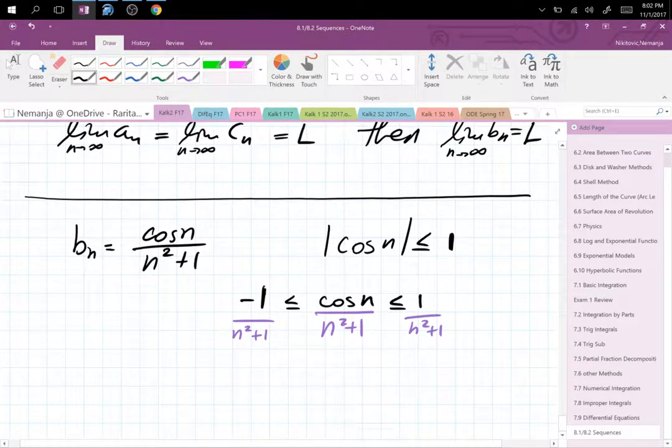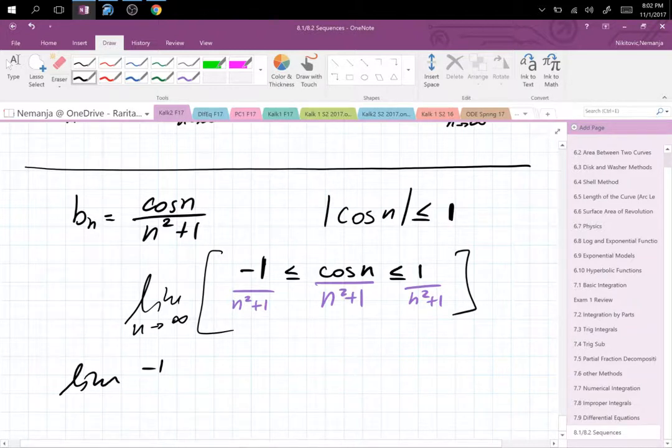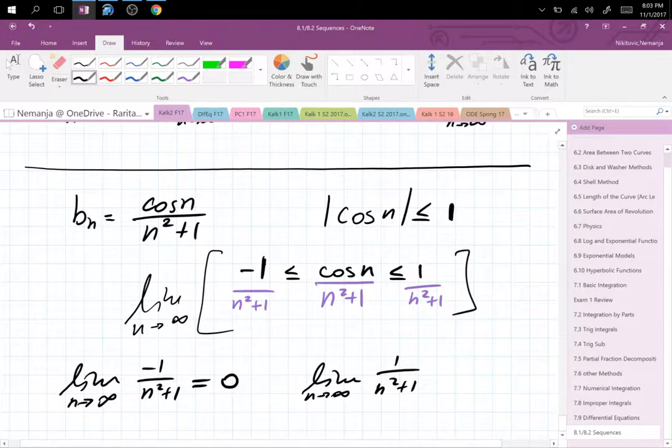Now you take the limit everywhere as n goes to infinity. So the limit of -1 over n squared plus 1 is equal to 0, because you're dividing -1 by infinity. And also the limit of +1 over n squared plus 1 as n goes to infinity is also 0.